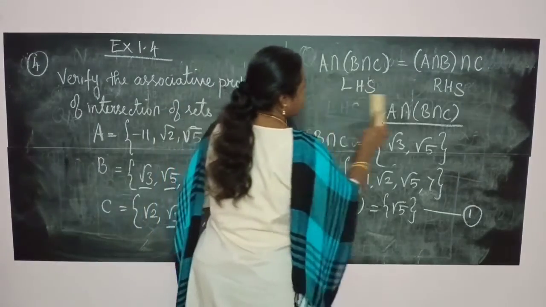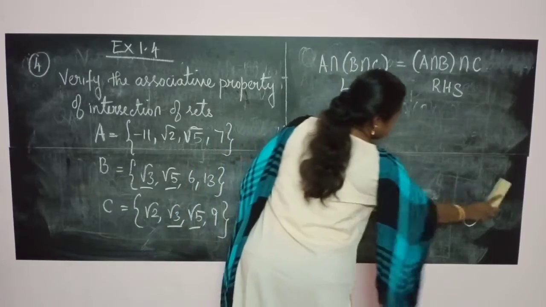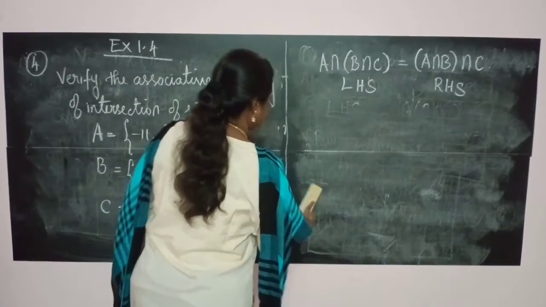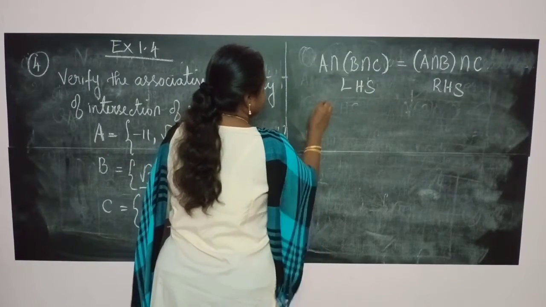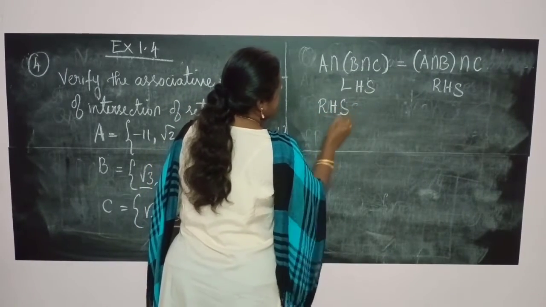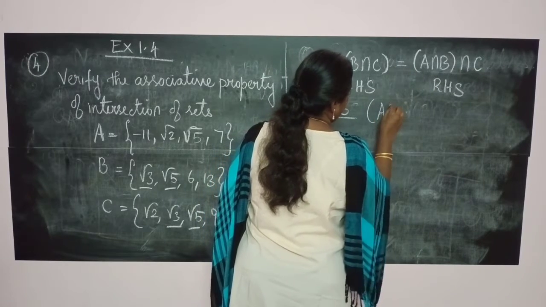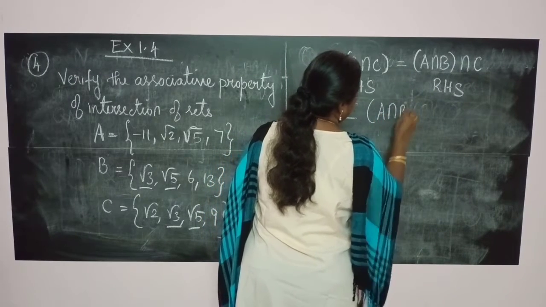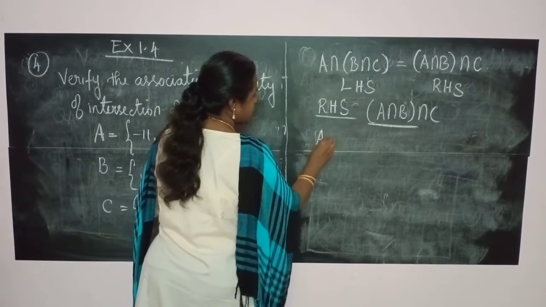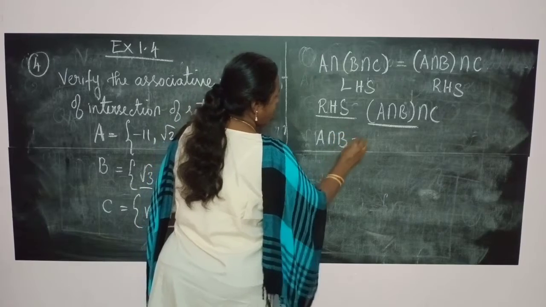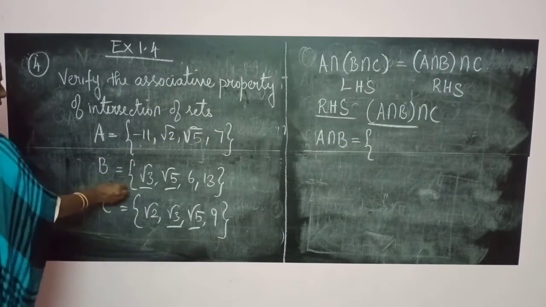Okay, now let us go to the RHS side. RHS, it is within the bracket A intersection B, intersection C. First we will check A intersection B, the elements common in A and B. What are the elements common in A and B?